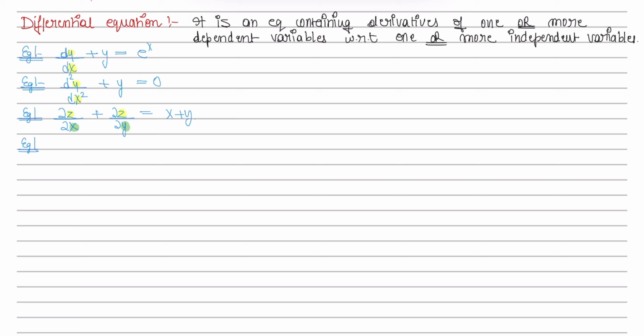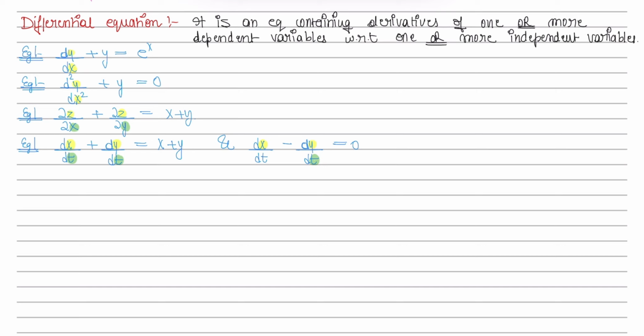Another example, dx by dt plus dy by dt is equals to x plus y and dx by dt minus dy by dt is equals to 0. Here note that we have two dependent variables in both of these equations and only one independent variable.